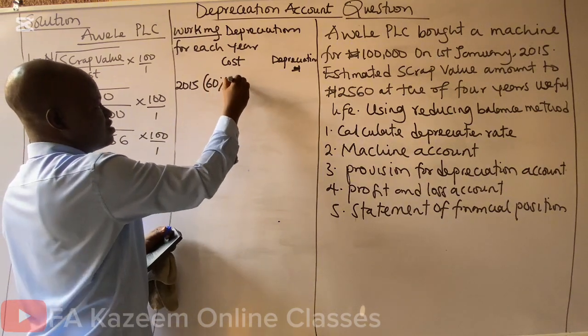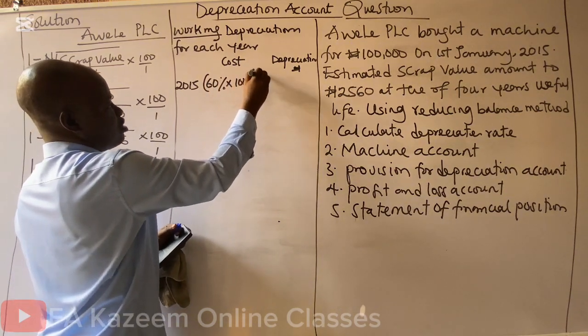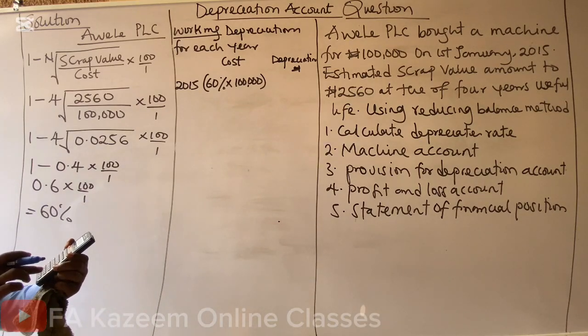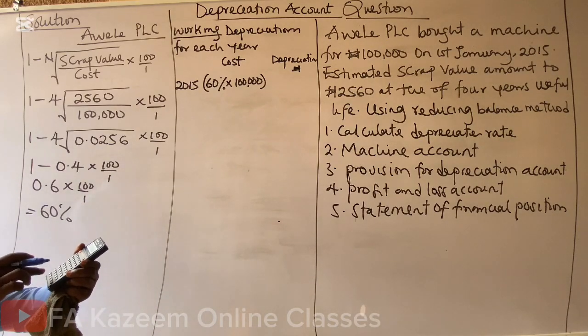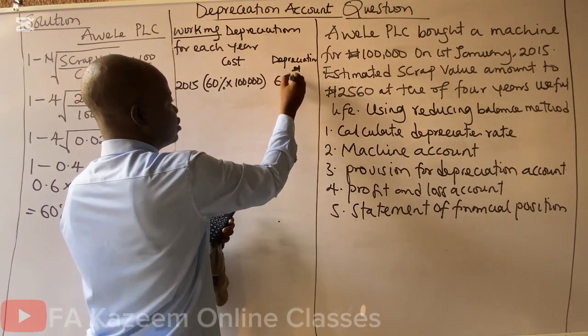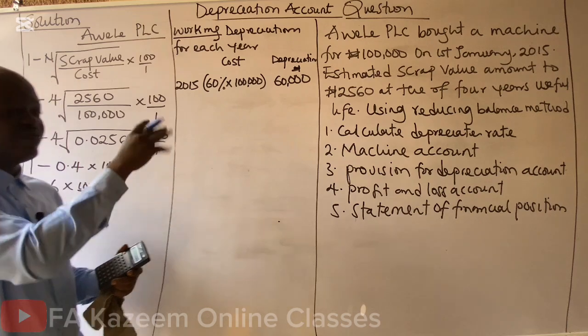Times what's the cost of the asset? 100,000. We'll now say 60% is 0.60 times 100,000 in the first year. We're having 60,000. This is the depreciation of the first year.